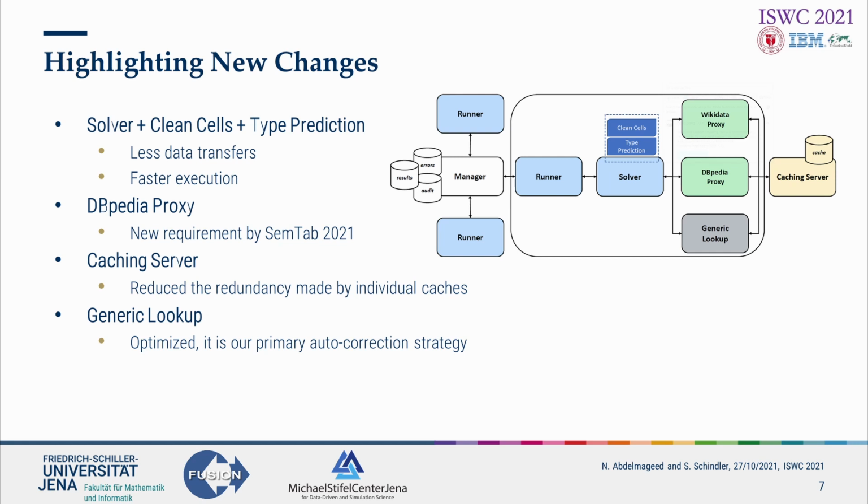We have inherited our previously implemented Wikidata proxy while we have rewritten the queries. Previously, each service maintained its own local cache. Changing that into a centralized server reduced such redundancy. Finally, we have enhanced the generic lookup to become our only means of tackling misspellings.